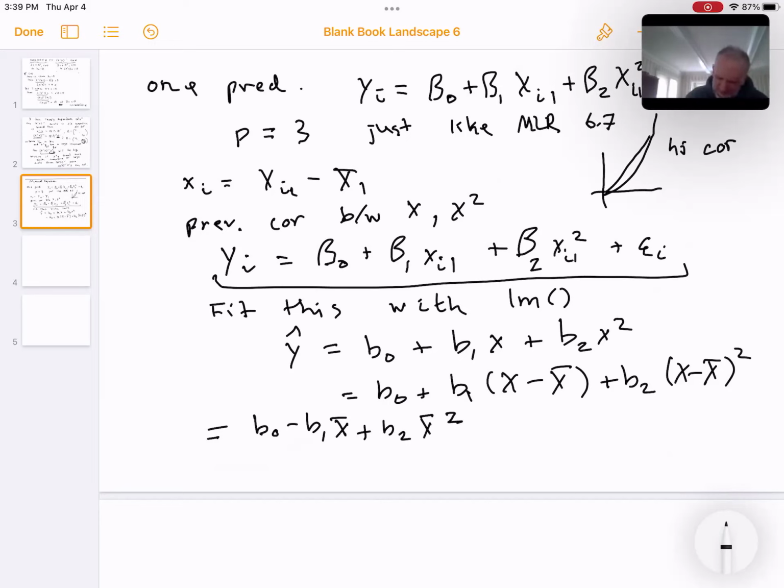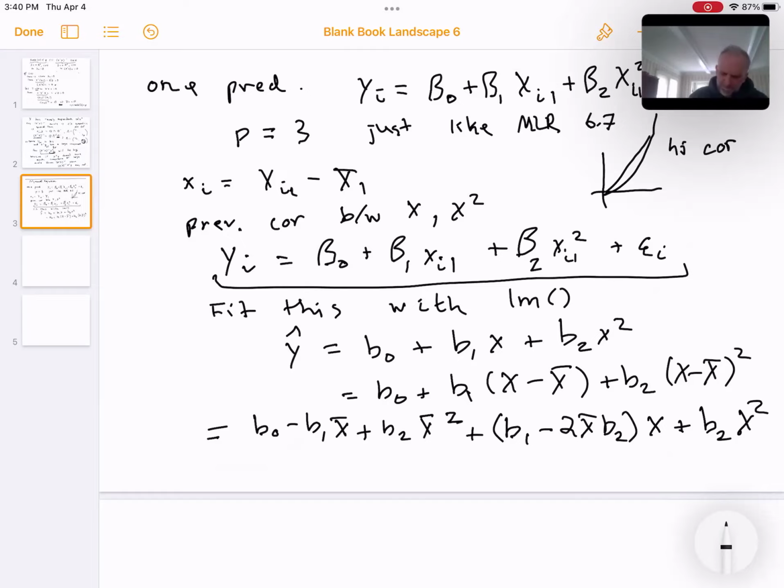Now, how many linear terms? There's plus B1 x and then minus 2 x bar B2 x. We can put these together, x, and then just plus B2 x squared.